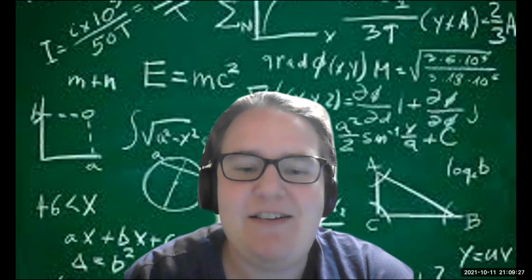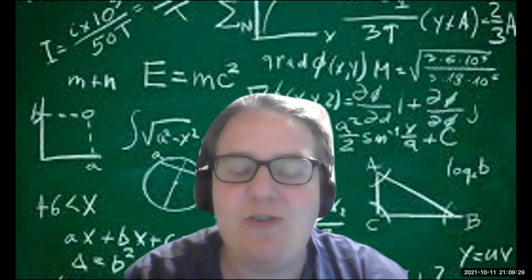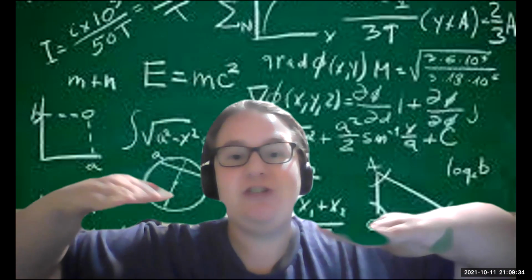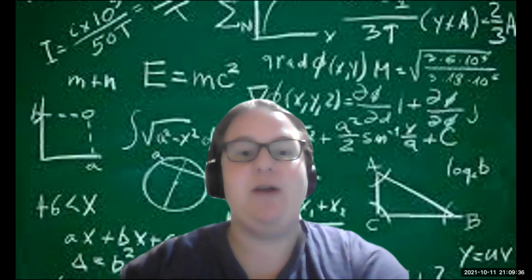So in that song, it talks about how our slope is the rise over the run. In other words, how much up we're going over how much vertically we're going.